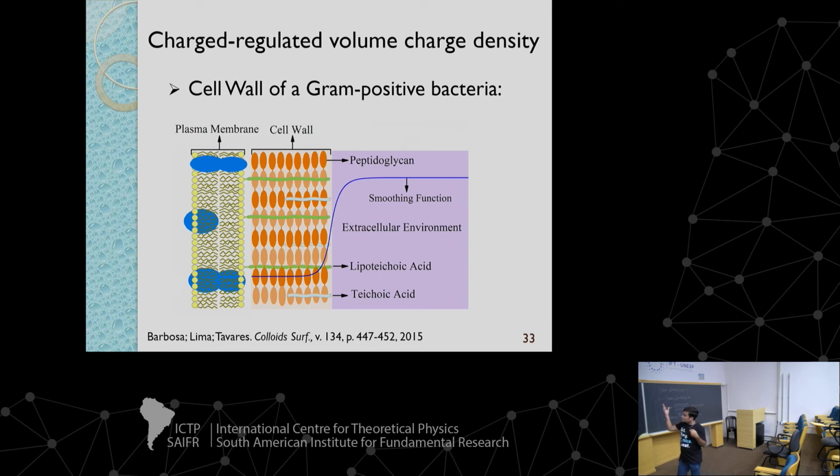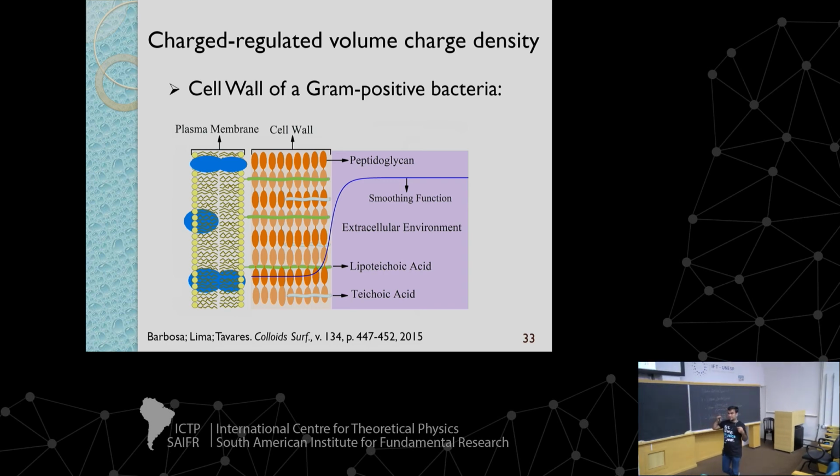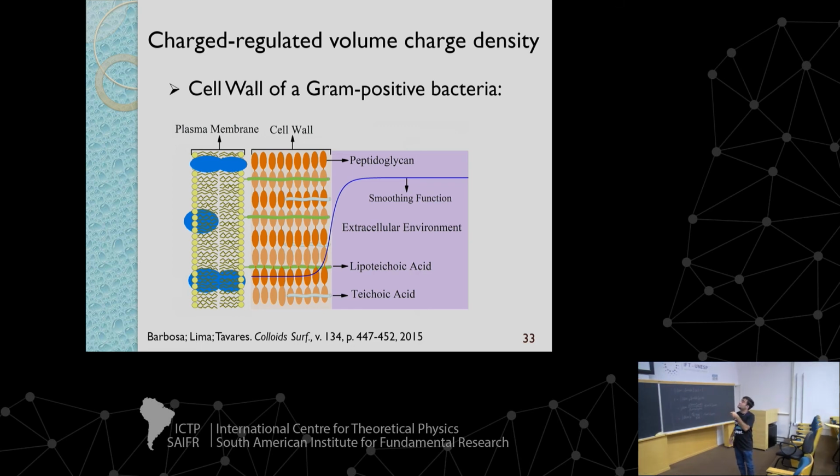And using the same approach, we have also simulated, and tried to predict, the electrostatic behavior of gram-positive bacteria. So the same approach, we have here the cell wall and the external region.